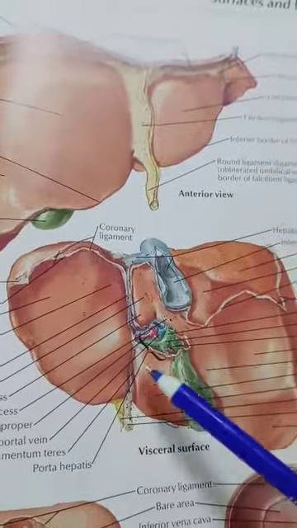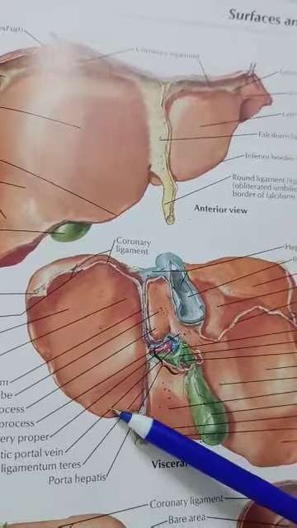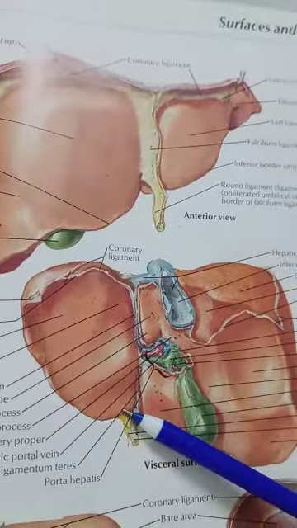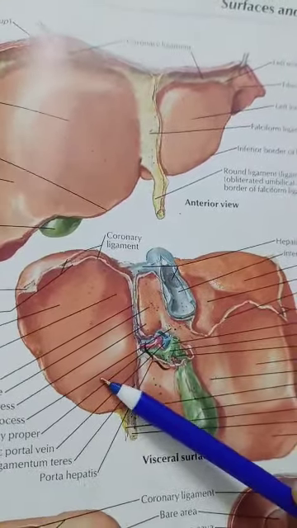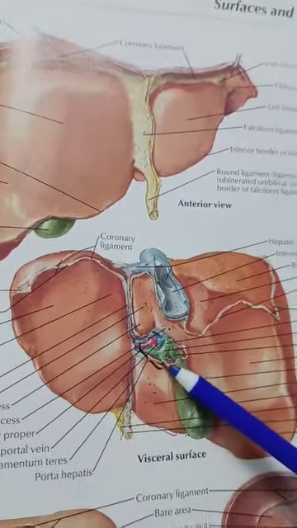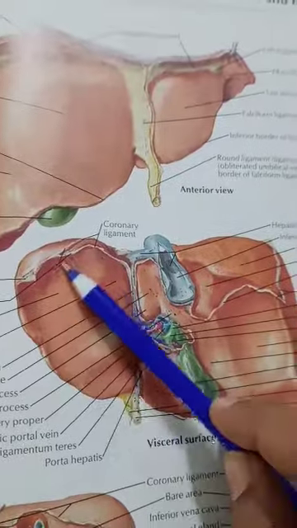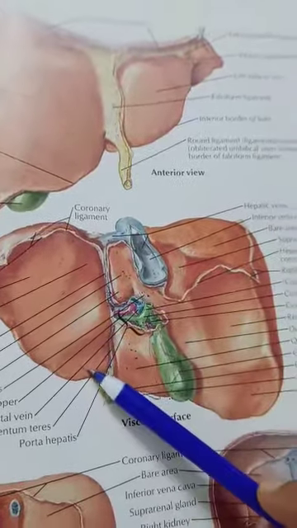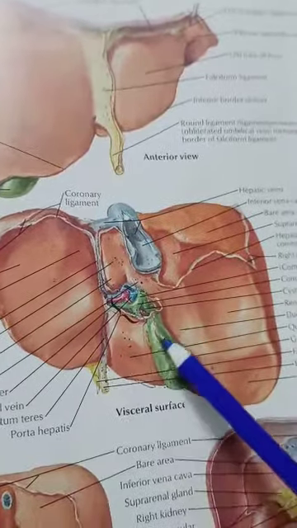Below the gastric area it is continuous with the duodenum. Here comes the pyloric end, then the duodenum.